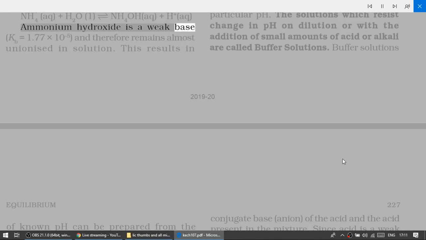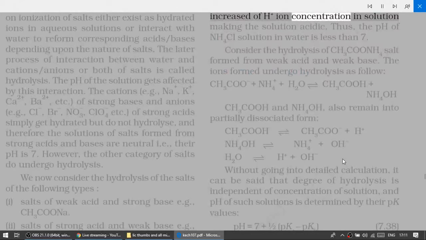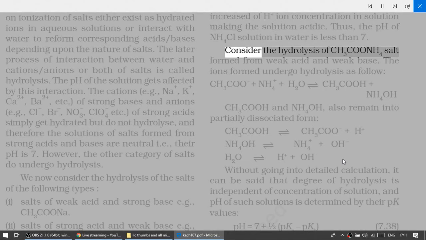Ammonium hydroxide is a weak base, Kb = 1.77 × 10⁻⁵, and therefore remains almost unionized in solution. This results in an increase of H⁺ ion concentration in solution, making the solution acidic. Thus, the pH of NH4Cl solution in water is less than 7.